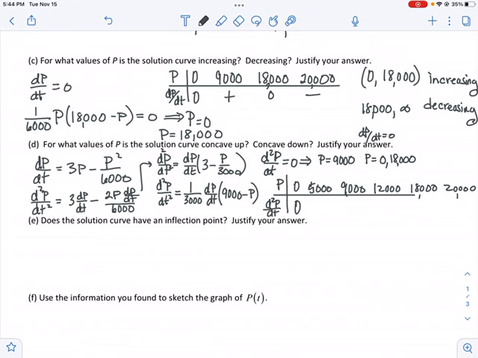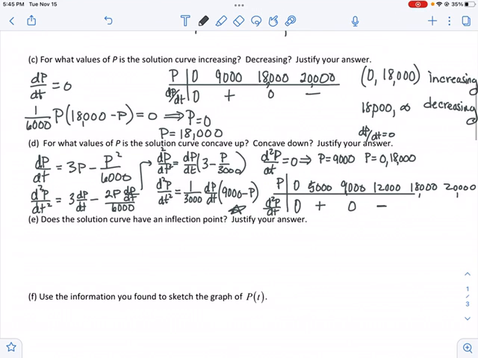And so when I use 5,000, plugging that into this equation, I get a positive second derivative. If I plug in 9,000, I'm going to get 0. If I plug in 12,000, I'm going to get a negative value because 9,000 minus 12,000 is negative. I'm kind of skipping over the dp/dt here.